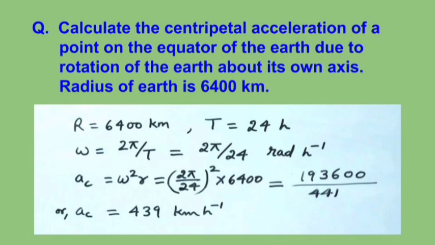So, it is equal to 2 pi by 24 radian per hour. Centripetal acceleration is equal to omega square r. Substituting the values and after calculation, we get ac is equal to 439 kilometers per hour square.